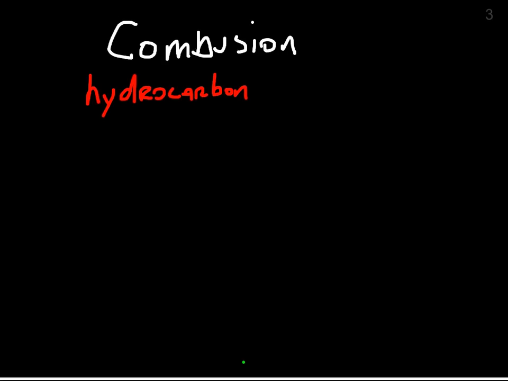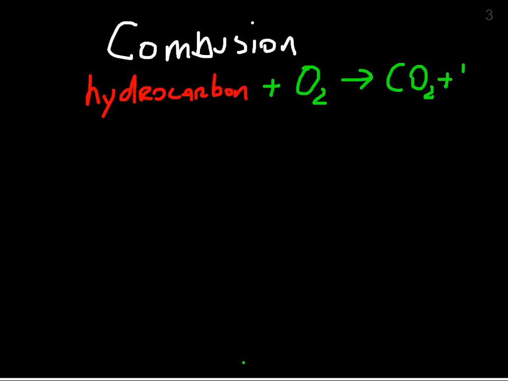So what's going to happen in a combustion reaction is that the hydrocarbon is going to react with oxygen, meaning it's going to burn, and I am always going to get two products. I'm going to get carbon dioxide and I'm going to get water. And it's this fact that carbon dioxide is produced that's a greenhouse gas.